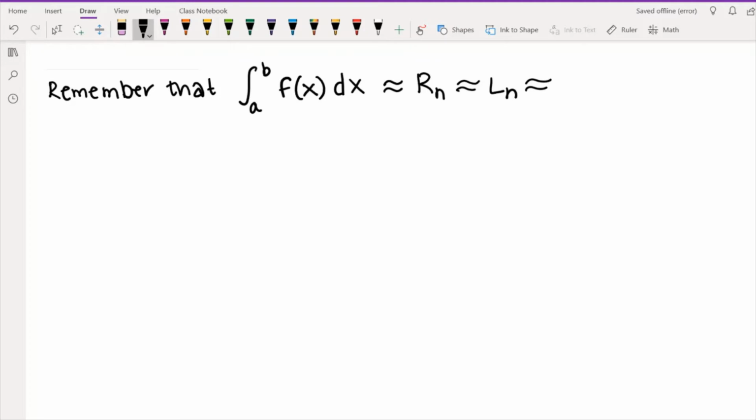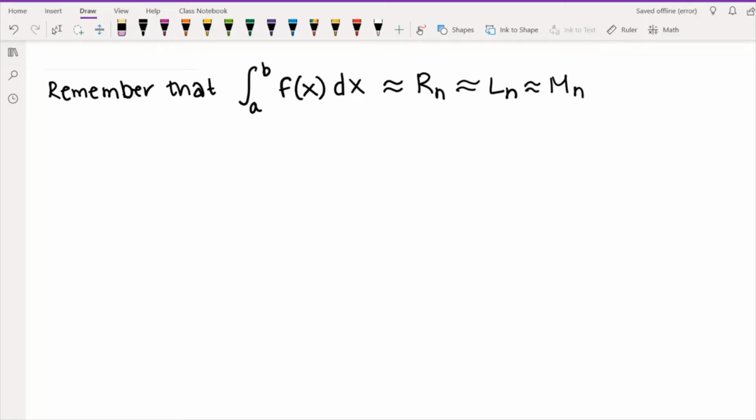And another was doing the same thing but using the midpoint of each interval. We've seen that the bigger this number n, the better your approximation is. If you're only using a couple of rectangles, it's going to be very rough, not a good approximation. We saw that in yesterday's video and the worksheet that went with it. The more rectangles you use, the better.